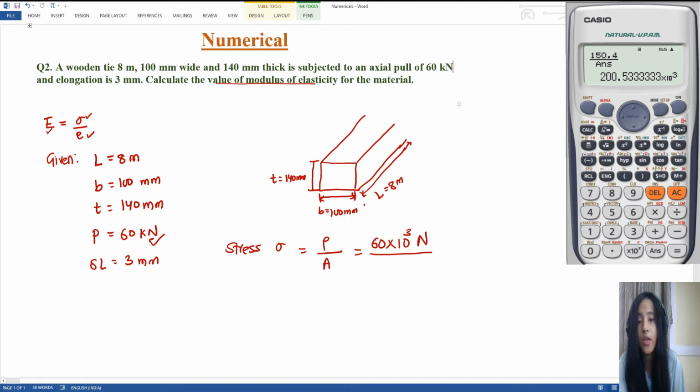Divided by the area of this tie, this face. Area of this tie along this face will be equal to 100 into 140.